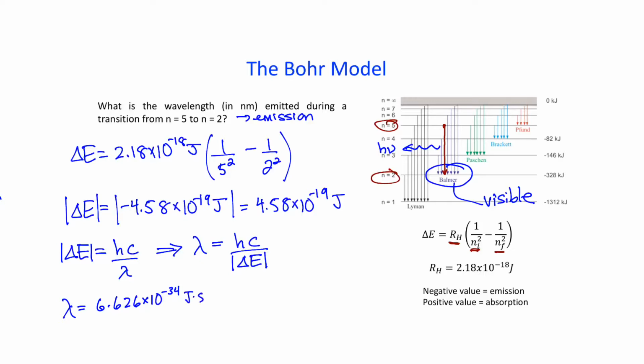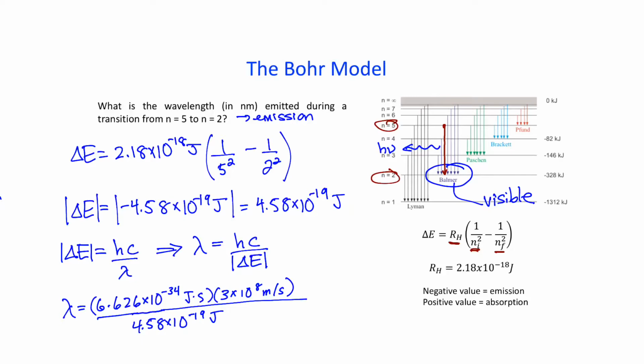So we have Planck's constant times our speed of light, 3 times 10 to the 8 meters per second, over our delta E, which we just calculated, which is 4.58 times 10 to the minus 19 joules.